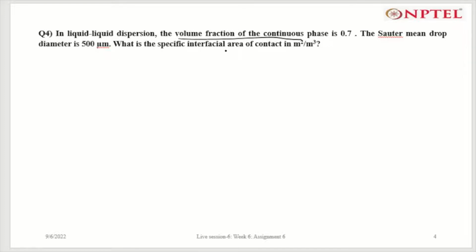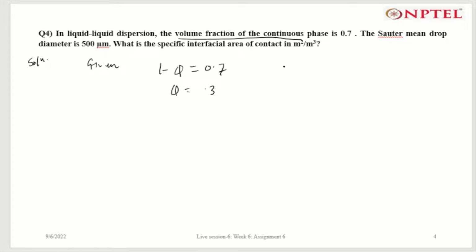What is the specific interfacial area of contact in meter square per meter cube? Given 1 minus phi is equal to 0.7, where phi indicates the volume fraction of the dispersed phase. Here the continuous phase is given, so phi is equal to 0.3.